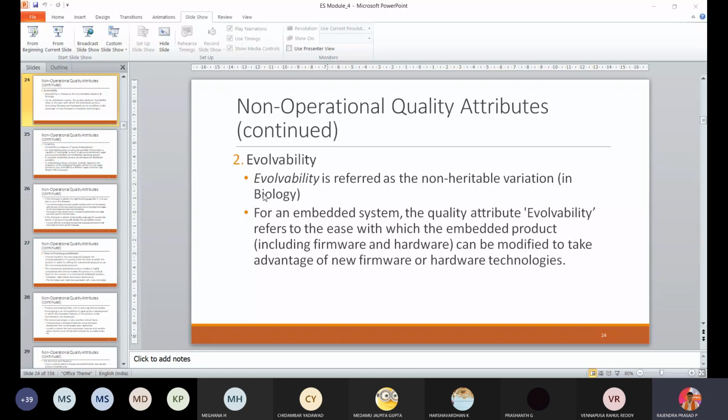The product life cycle: design and development phase, product introduction phase, growth phase, maturity phase, product retirement or decline phase. So you will understand, for what duration will your hardware be present? It is only for a certain duration of time. This will be the peak, then it will reduce. That is obvious. For any embedded system, this is the life cycle.